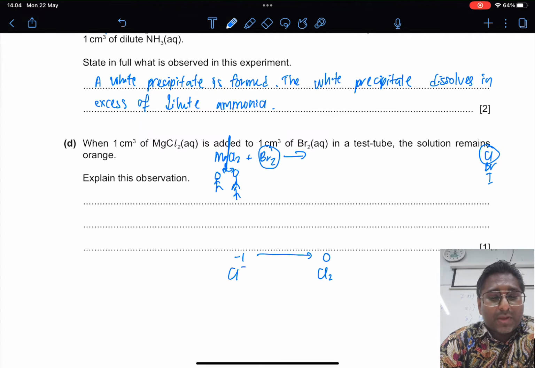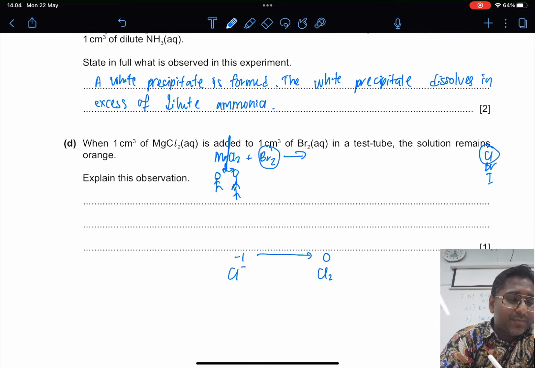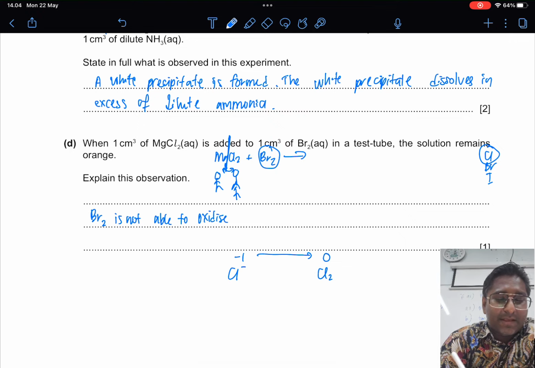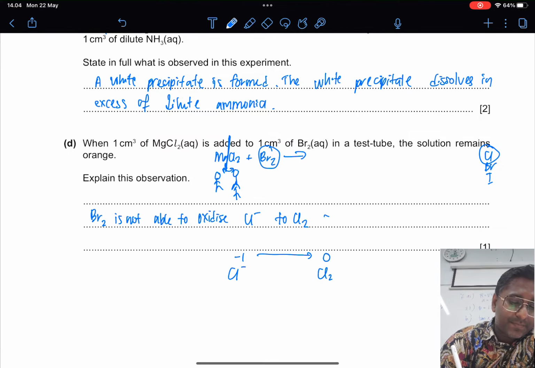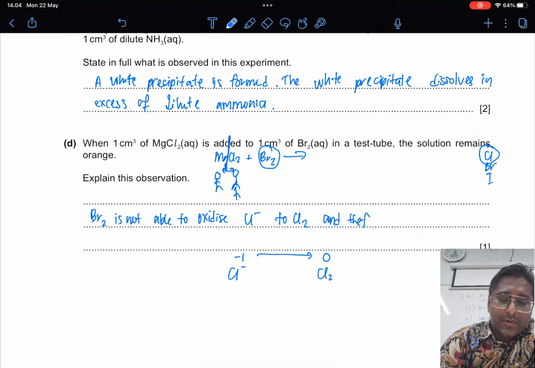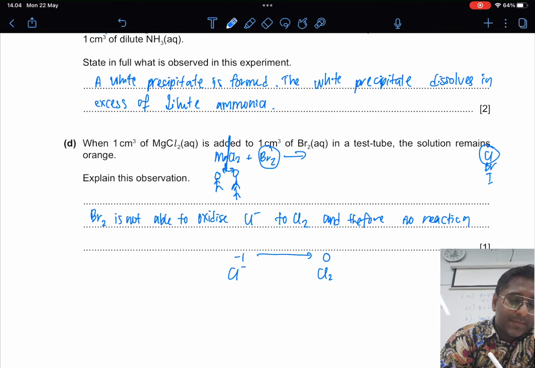So you can say that Br2 is not able to oxidize Cl minus to Cl2, and therefore no reaction happens. The solution remains orange.